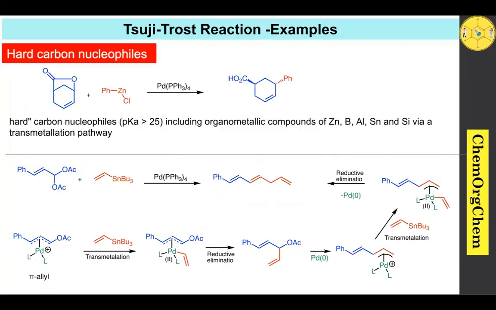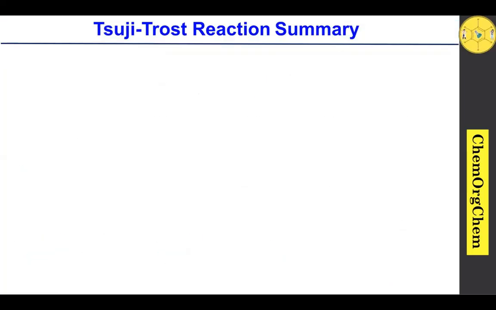Okay, let's move on to our TSUJI-TROST reaction summary. So we have seen what the TSUJI-TROST reaction means and its catalytic cycle, and how the mechanism differs when we use hard and soft nucleophiles, followed by how the stereochemistry also changes when we use hard nucleophiles and soft nucleophiles, and we have seen various examples involving soft nucleophiles as well as hard carbon nucleophiles.